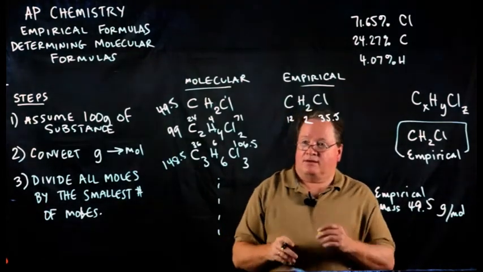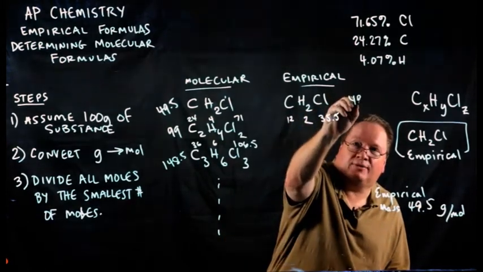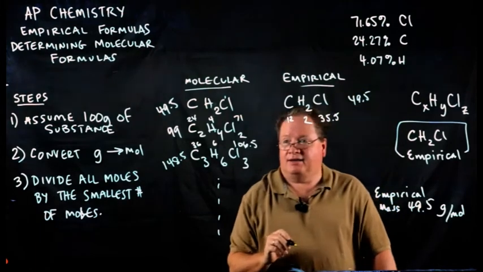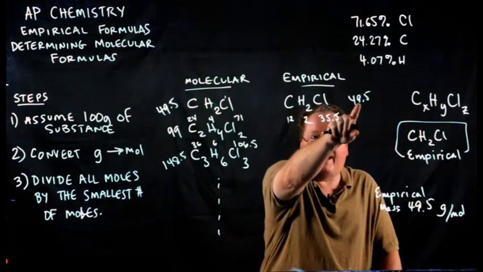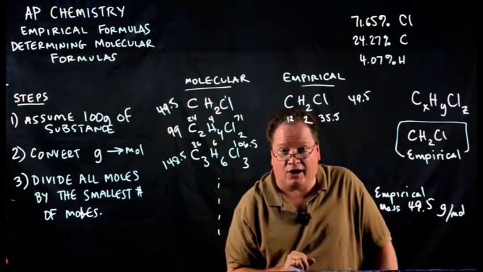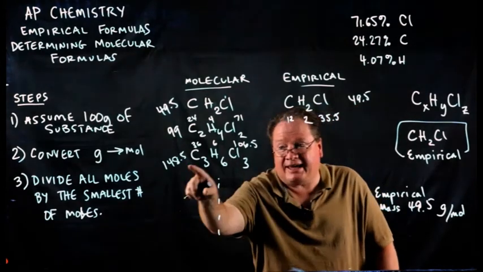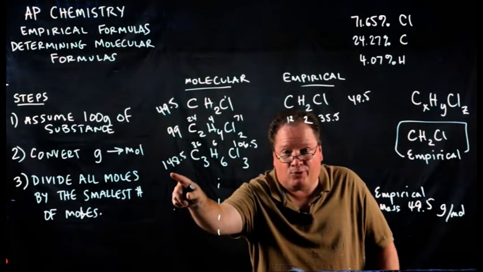Okay. So what I hope that you see, the total mass here was 49.5. Well, if I multiply 49.5 times 2, I get 99. If I multiply 49.5 times 3, I get 148.5.